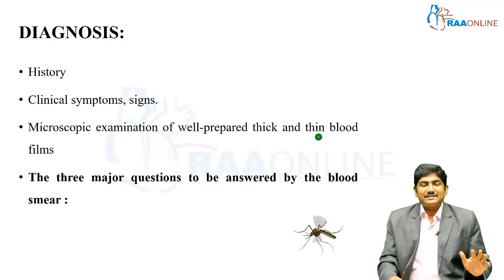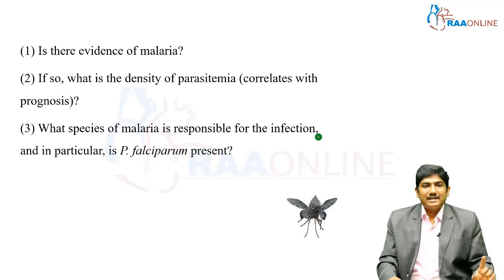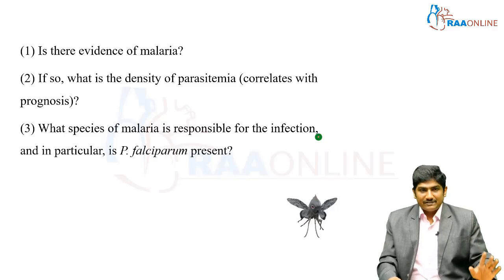And the clinical signs and symptoms, which we said now, and the microscopic examination of good thick and thin blood smears. Why am I mentioning these blood smears? Because there are three major questions to be answered by the blood smear. What are those questions? In the blood smear, is there evidence of malaria? If there is evidence of malaria, what is the parasite density?